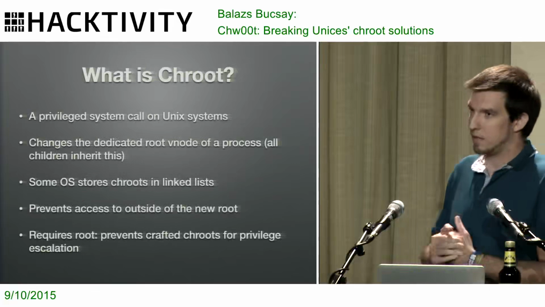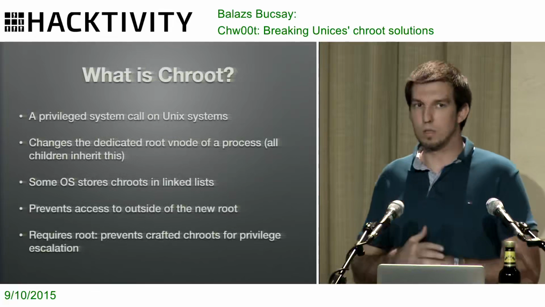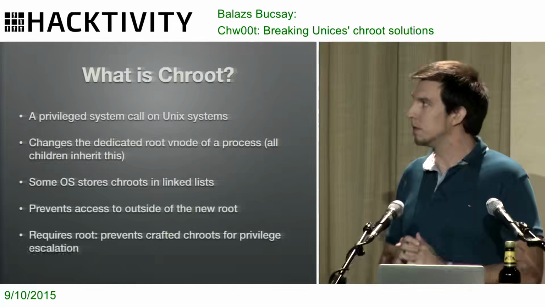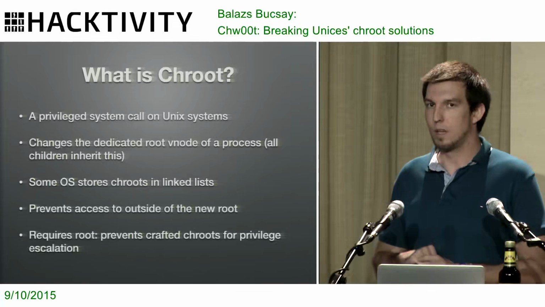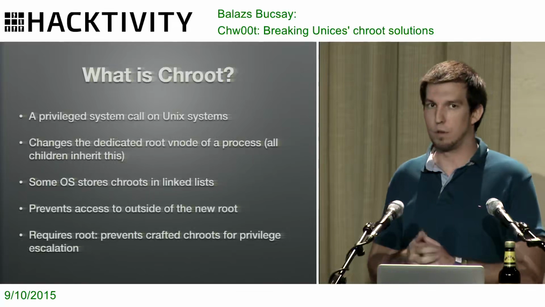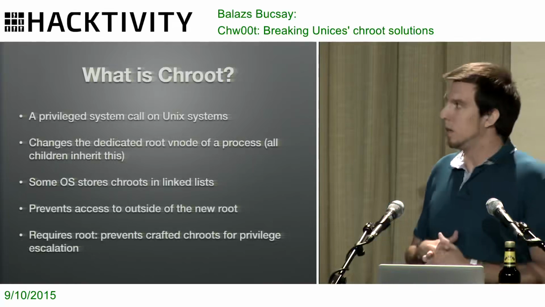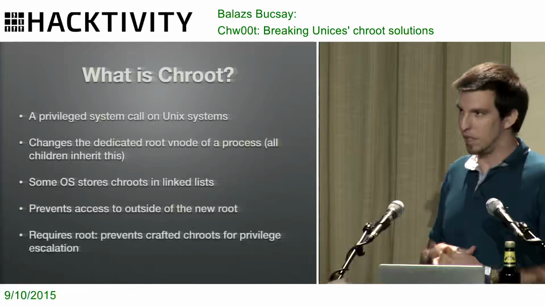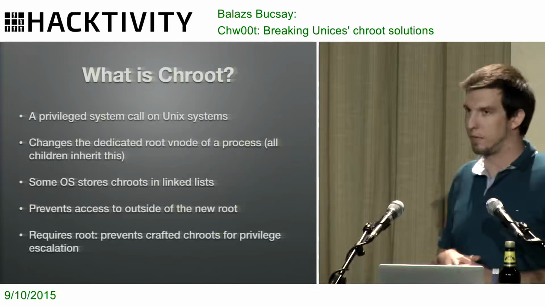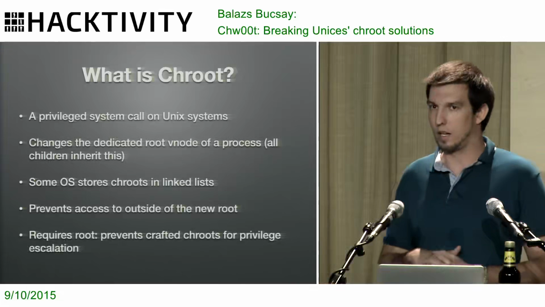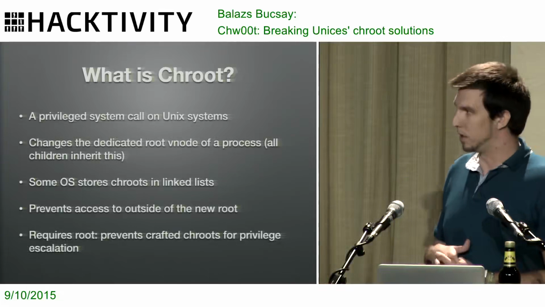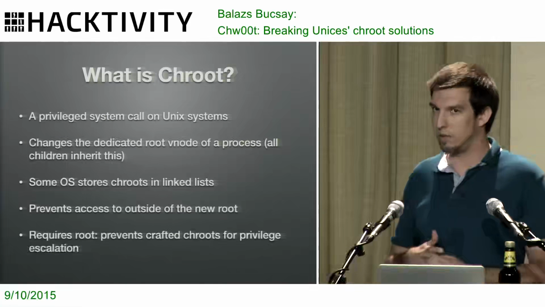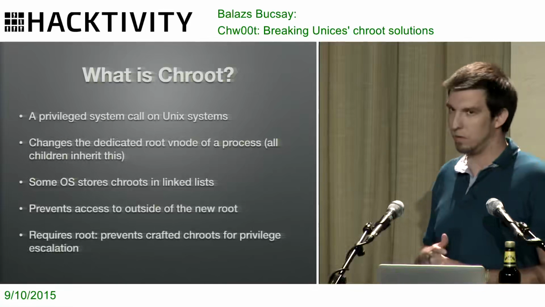So what's chroot? Chroot is a privileged system call. With this system call, you can change the process. All processes in the operating system have a process structure in memory. That process structure stores different kinds of entries, different process properties. For example, the current working directory vnode and the root vnode.